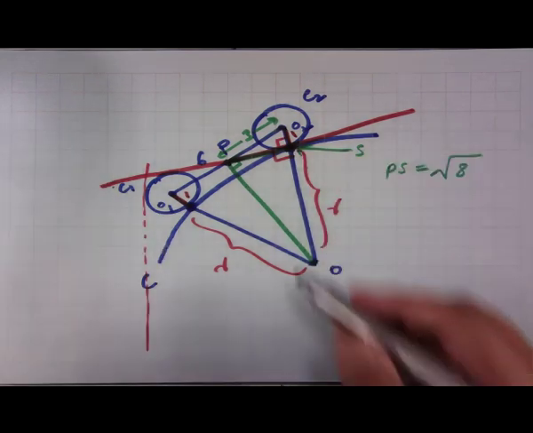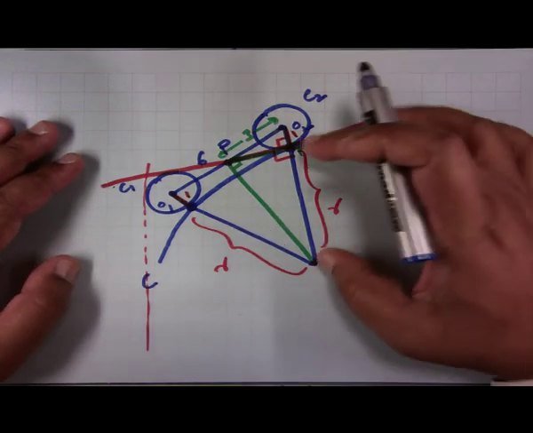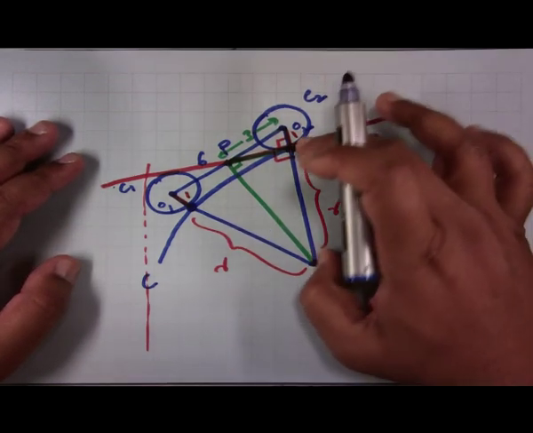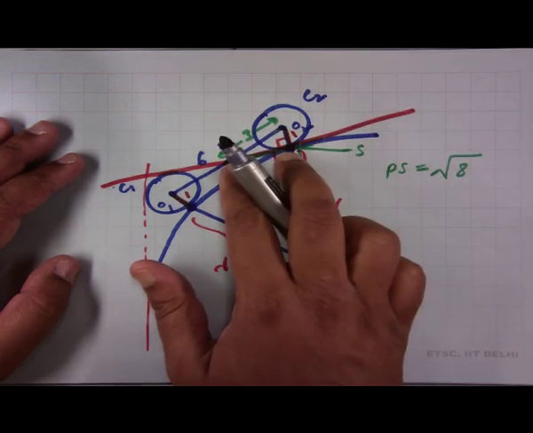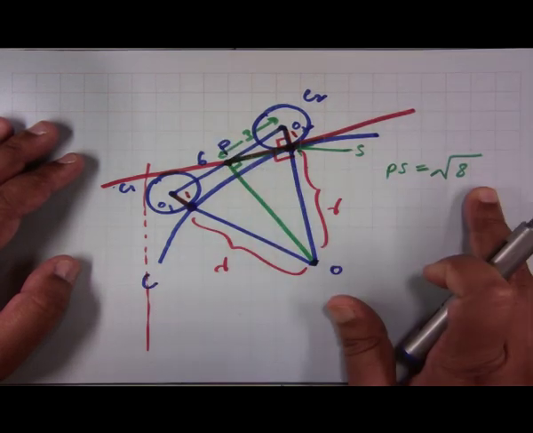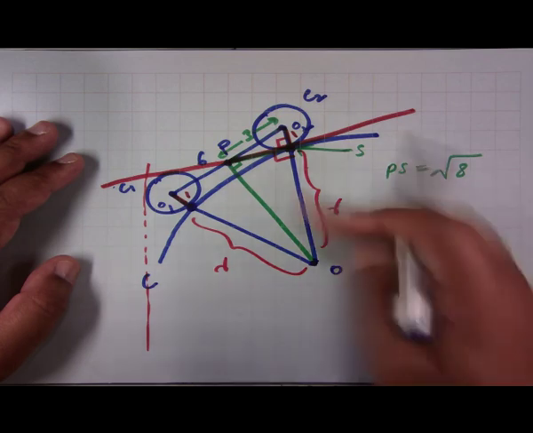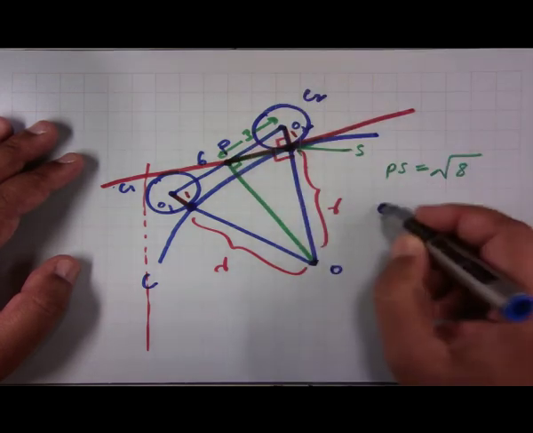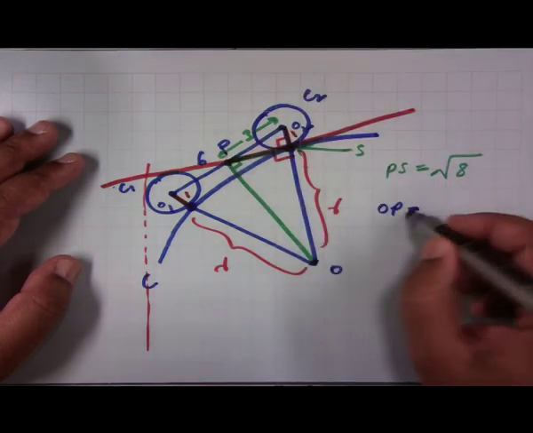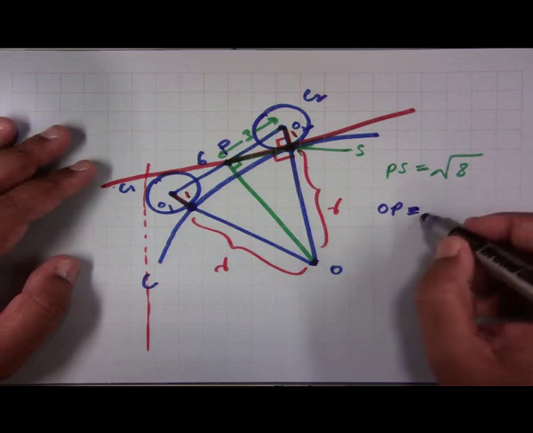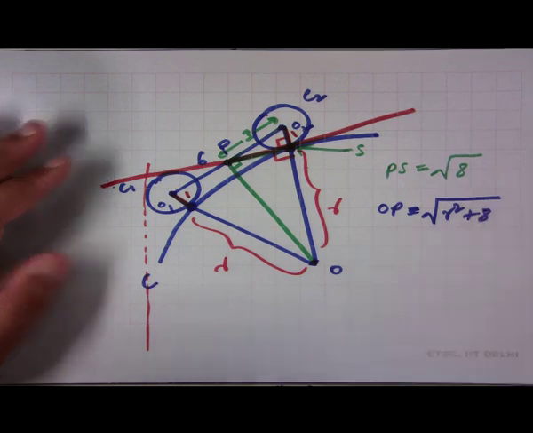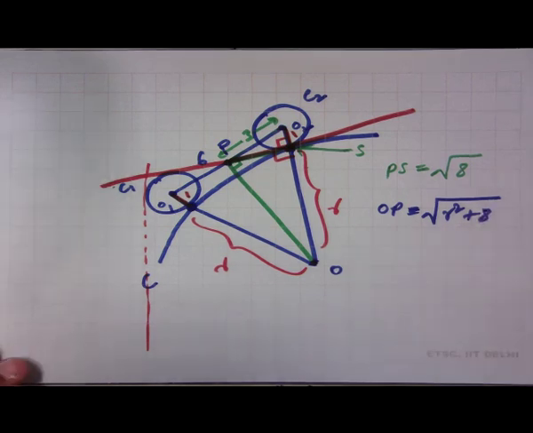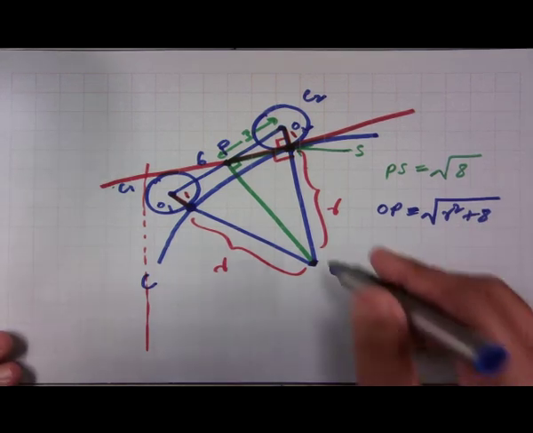In this triangle PSO, we have one side of length r, the other side PS is square root of 8, and therefore, the hypotenuse OP will be equal to, again by the Pythagoras theorem, square root of r square plus 8.